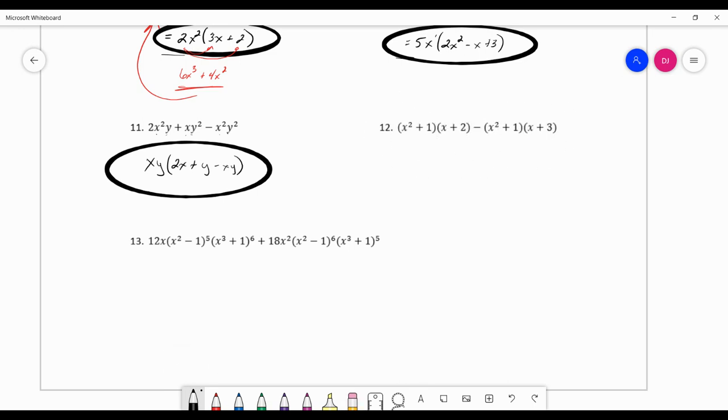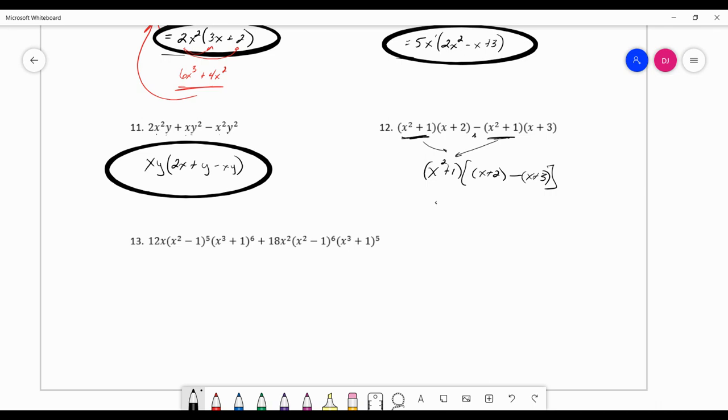I can actually factor the x squared plus 1 out of each of those terms. When I factor the x squared plus 1 out of this first term, I'm left with x plus 2 minus, and I take the x squared plus 1 out of here. See, those both divided out of there, and I'm left with x plus 3.